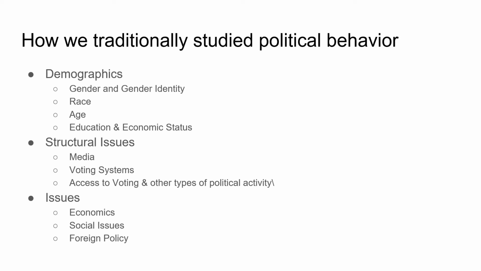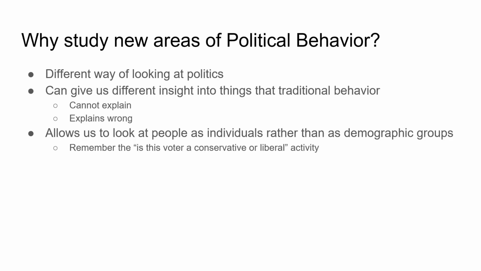So that is one way we look at it, through those kinds of issues. Social issues like abortion can be real wedge issues in determining people's votes and people's turnout. Things like foreign policy, when we're at war, people behave differently than when we're not in a major conflict, etc. So those are the kind of traditional determinants of political behavior.